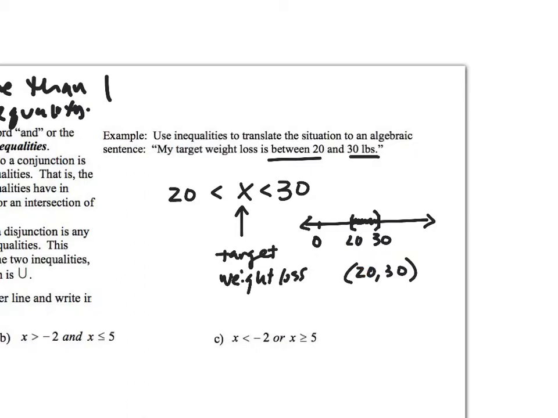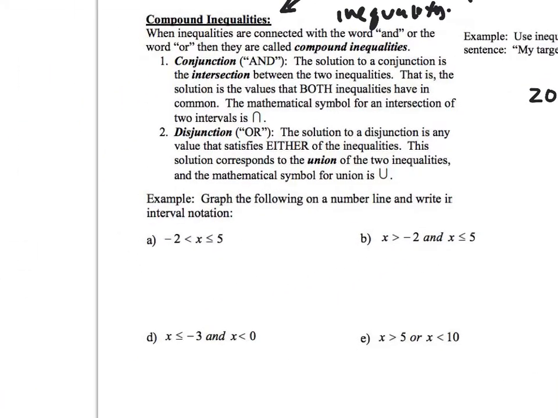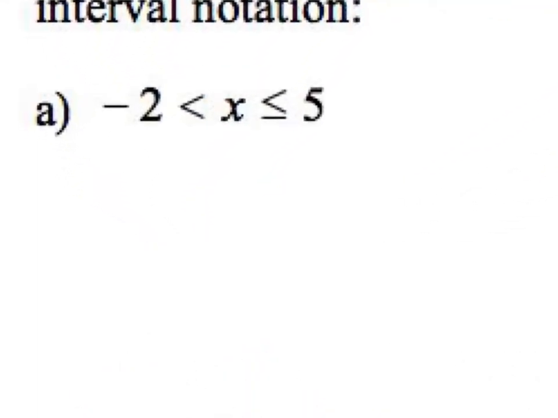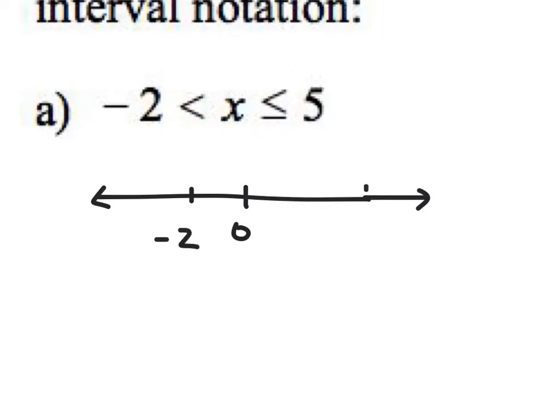Now, in order to do some of these problems, some of them are pretty easy, like part A. Let's just draw a number line here and make the solution. I'm going to put my 0 in, I'm going to put -2, and then I'm going to put 5.